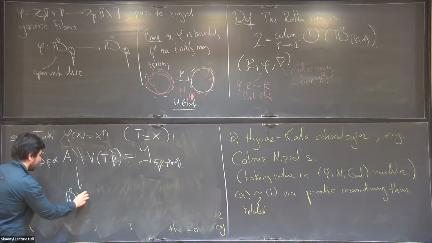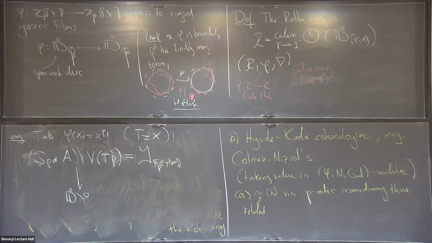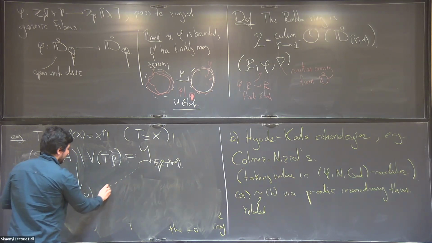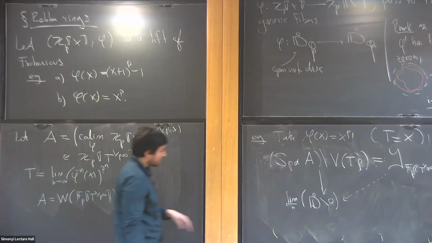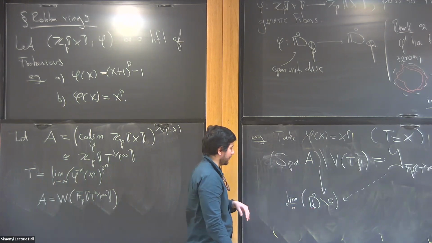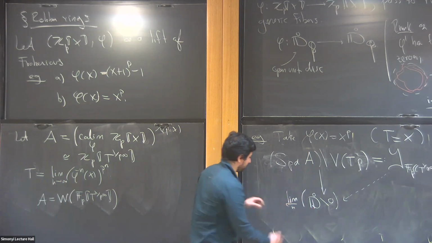So basically you have to remove 0 because we're taking this specific case of Frobenius. And then you can just perfect by raising to the p. Right? And for this limit, let me not say exactly how to get this limit, but basically it's telling you that you have the map from this Fargues-Fontaine curve of F_p of this perfectoid field towards this limit along just raising to the p.